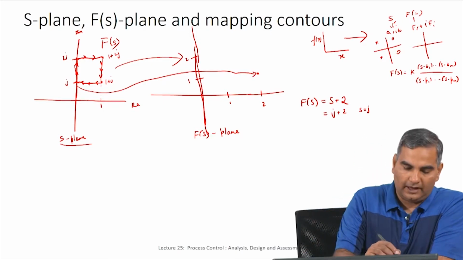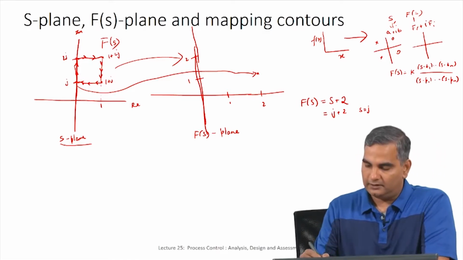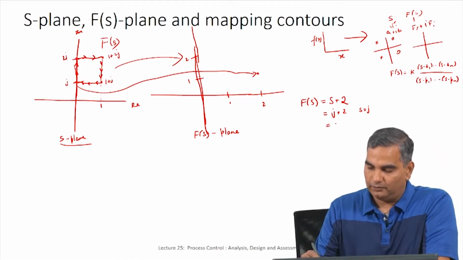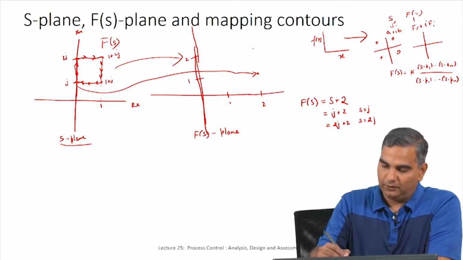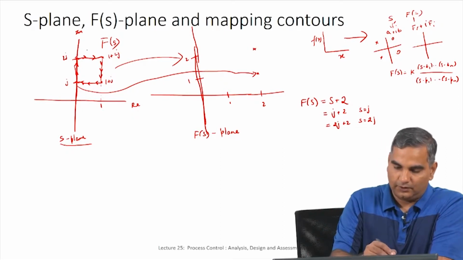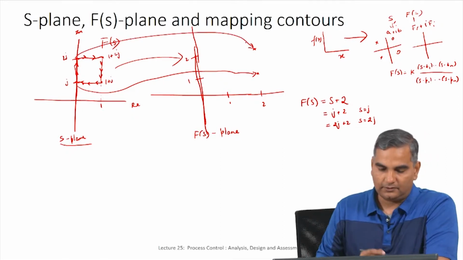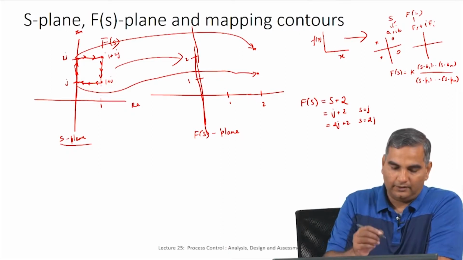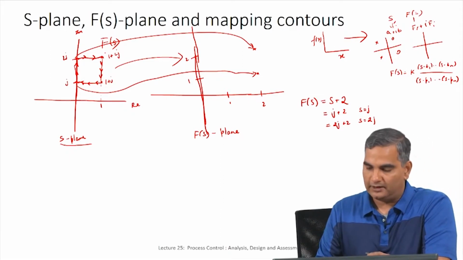Now, if you take this 2j, f of s is going to be equal to 2j plus 2 when s equals 2j. So, that point is going to be basically this. Okay. So, this point is going to map onto this. Now, if you take this point, s is 1 plus 2j.